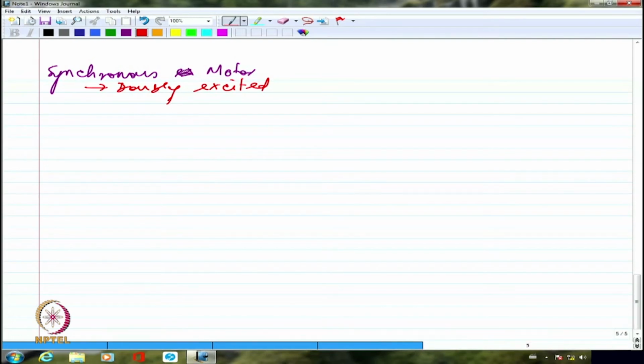So we have to look at the air gap MMF or air gap flux as a resultant of stator plus rotor MMFs or stator plus rotor fluxes. Now when these fluxes are aligning with each other, that is what creates my overall torque.